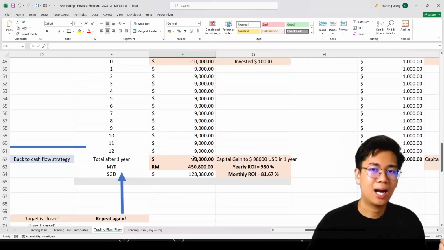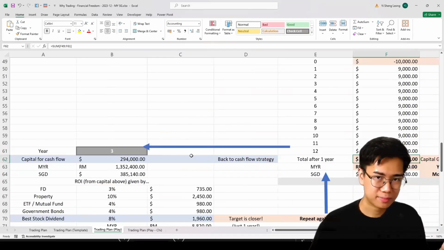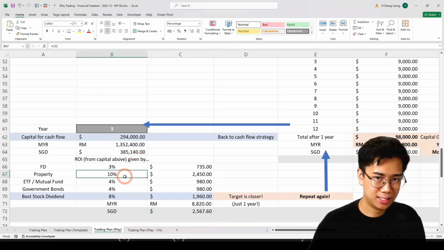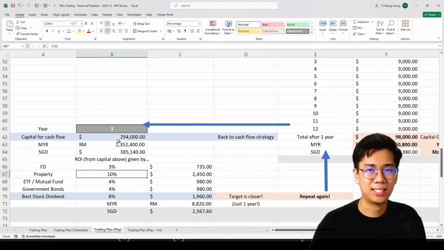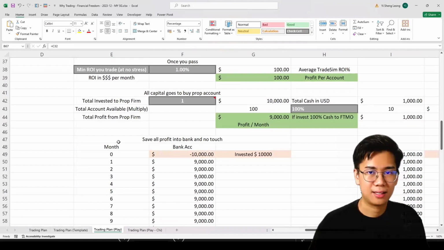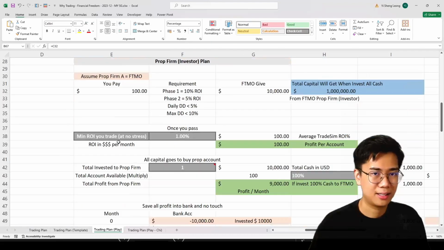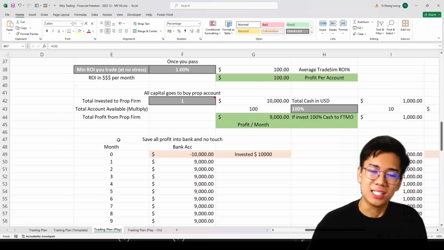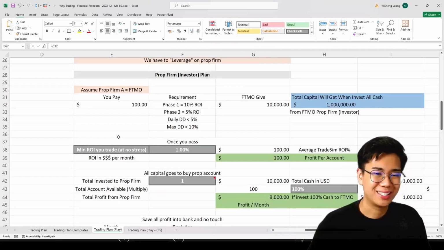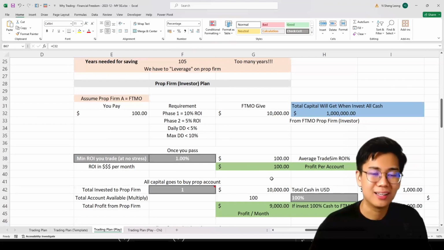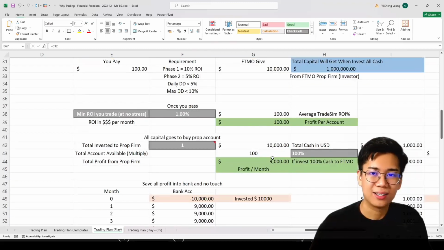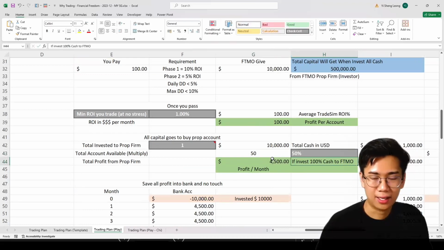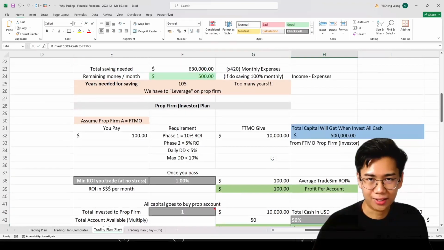One year later, $100,000. Three years, $300,000. You have properties, and at the same time you have cash in your hand. I mean, all this logical calculation already, it's still too crazy. Okay lor, instead of 100%, 50% of the account, can or not?